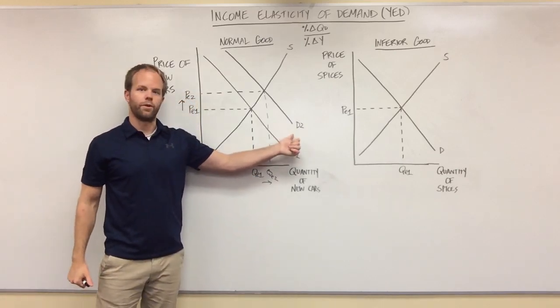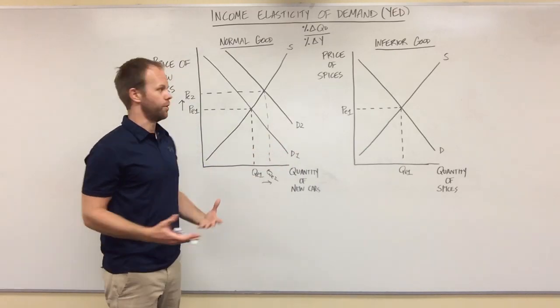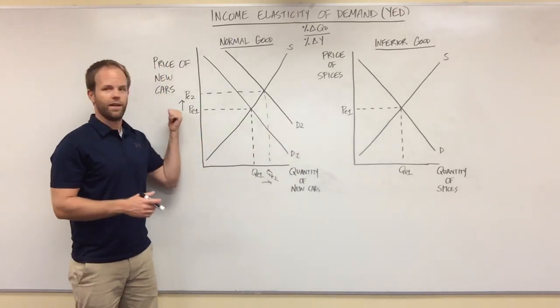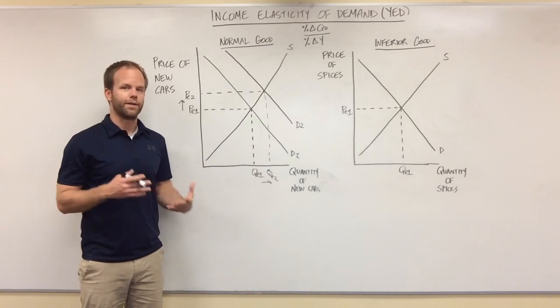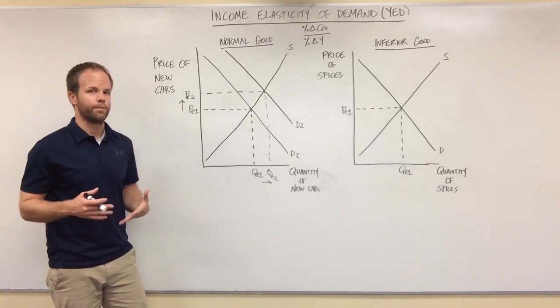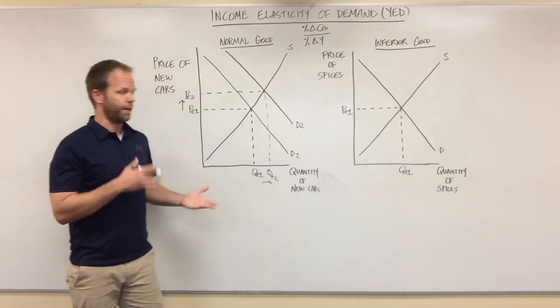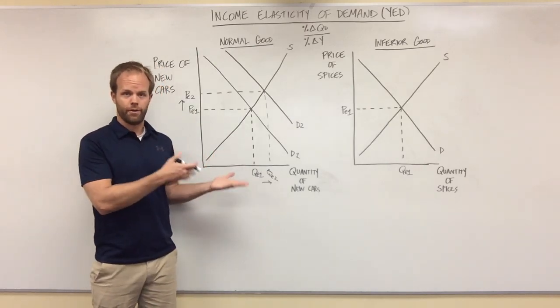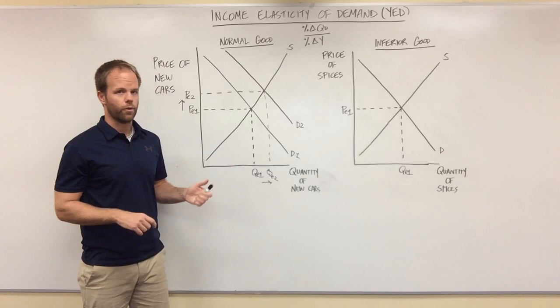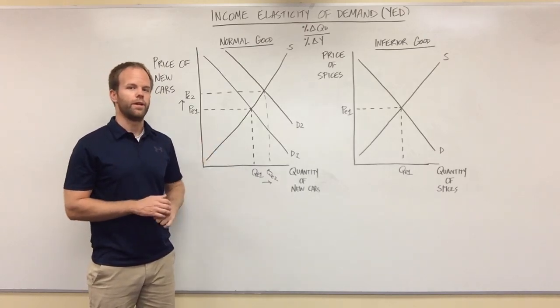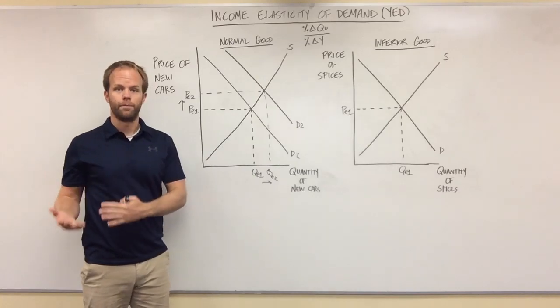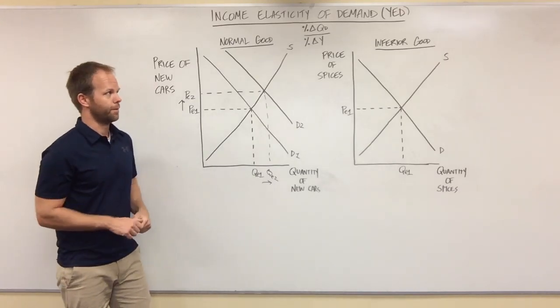In response to the increase in demand, car manufacturers made more cars because they were incentivized to. They could sell those cars at a higher price. They knew they could get away with selling those cars at a higher price because there was the income and the demand there to support that. Okay? So in this case, a new car is a normal good. People will buy more of it if income goes up.